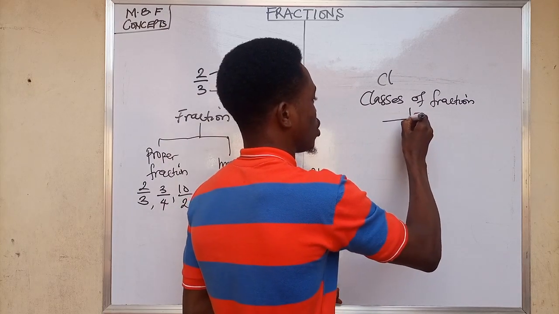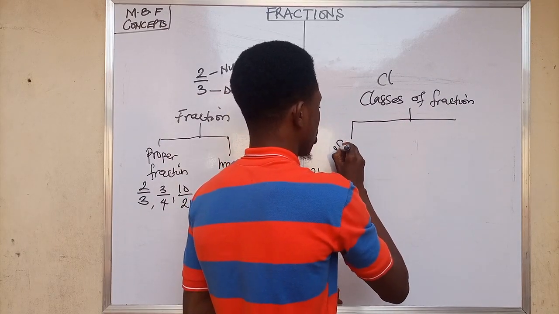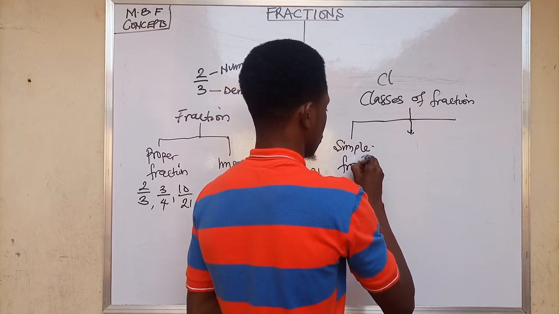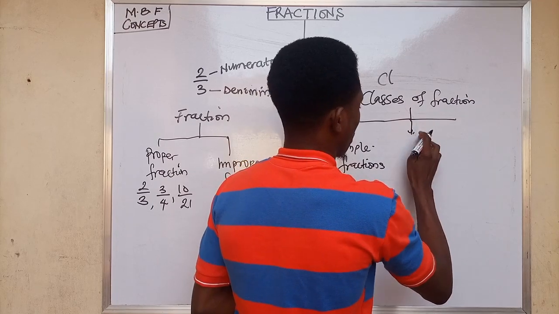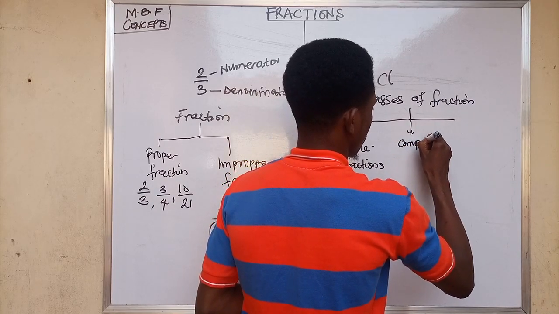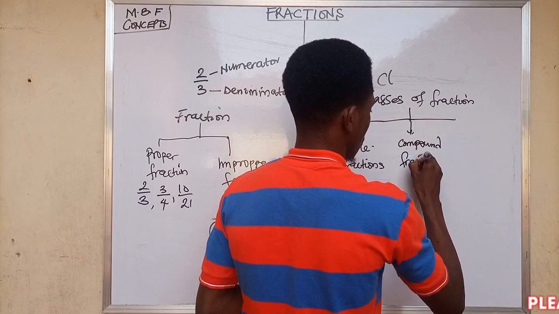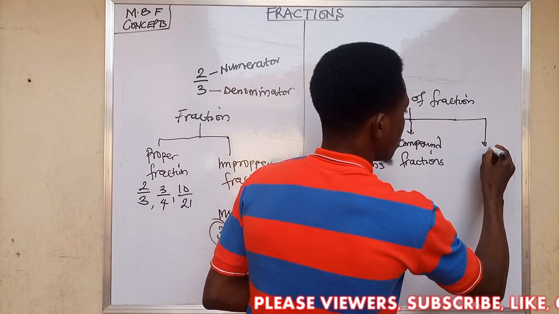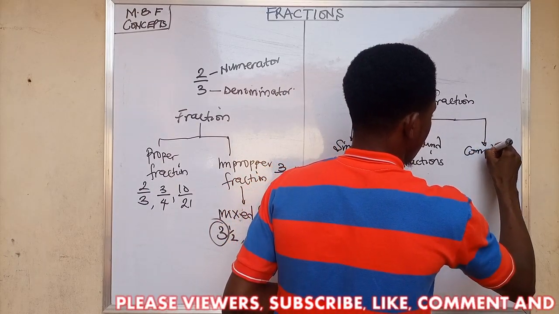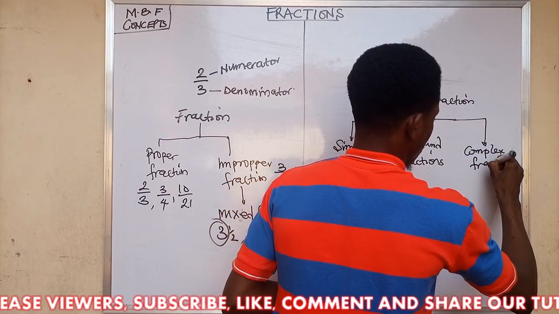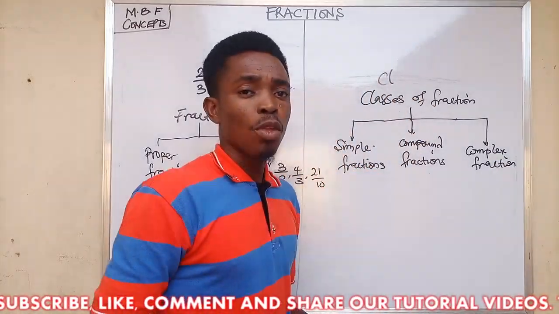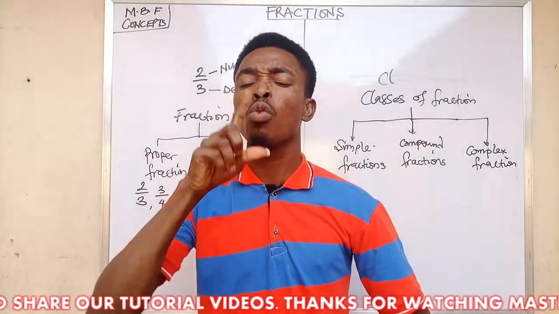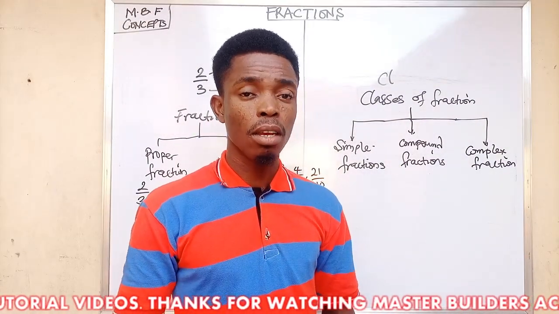We have the simple fraction, then we have the compound fraction, then finally we have what we call the complex fraction. Now guys, what do we mean when we say simple fraction? What do we mean when we say compound fraction? And what do we also mean when we say complex fraction?